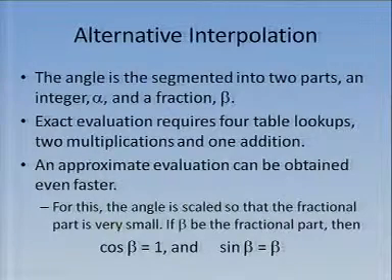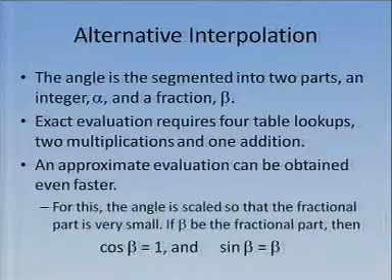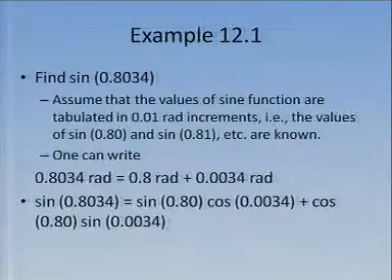Okay. For this, the angle is scaled so that the fractional part is very small. So, for example, cos beta is 1 and sin beta is equal to beta, right. So, we will see how it is done.